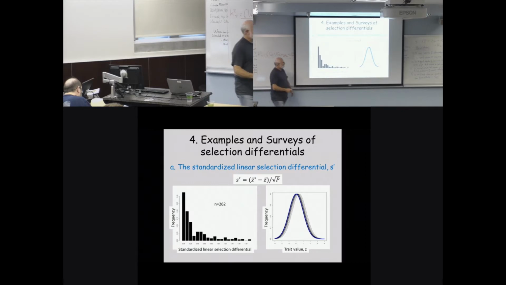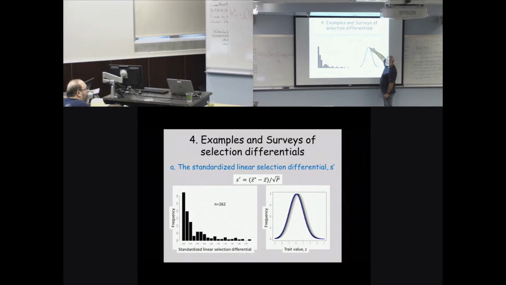So this, I need a name for this. Let's call it today the Arnold graphic. In blue we draw a normal distribution with a standard deviation of 1 before selection, and then each of the black curves represents a distribution after selection.